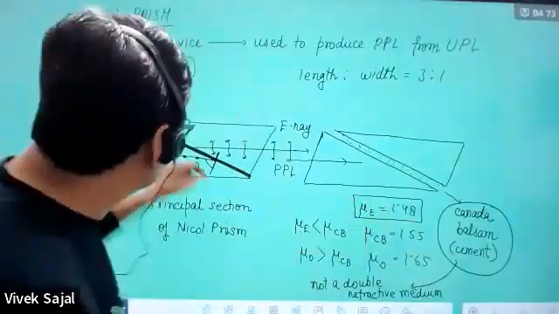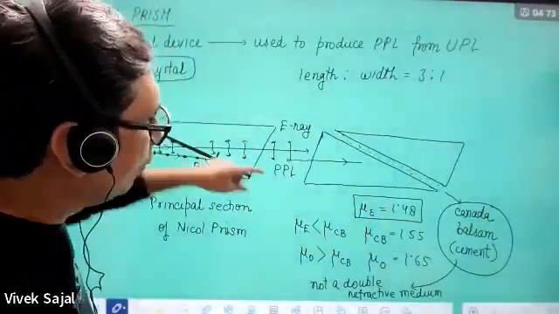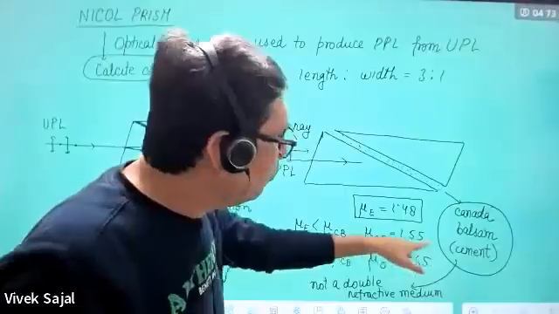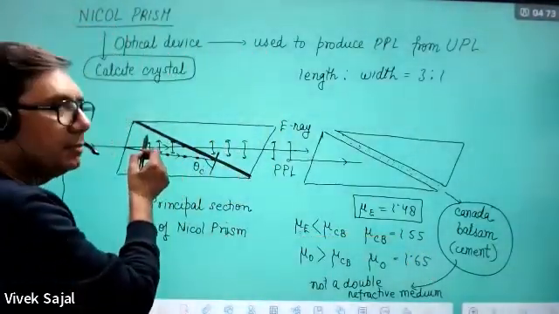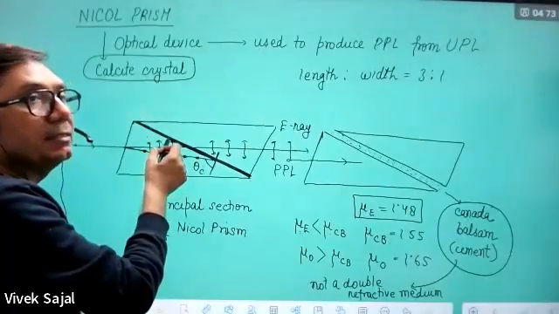When it strikes the Canada balsam, whose refractive index is 1.55, that is greater. So the first medium is the rarer medium and Canada balsam is the denser medium.